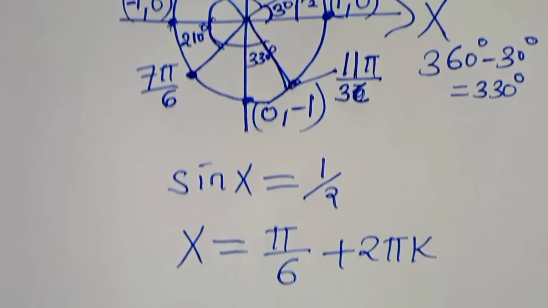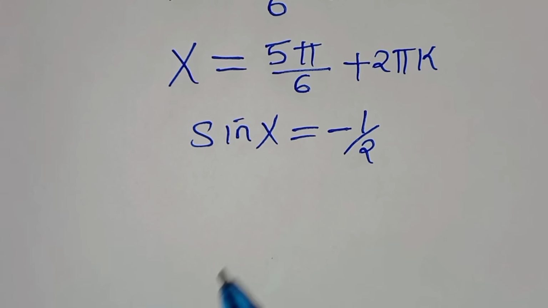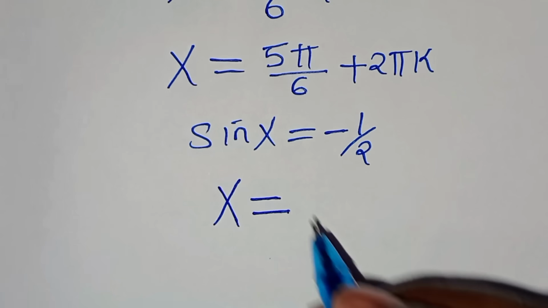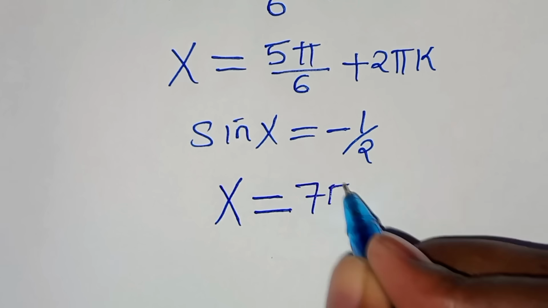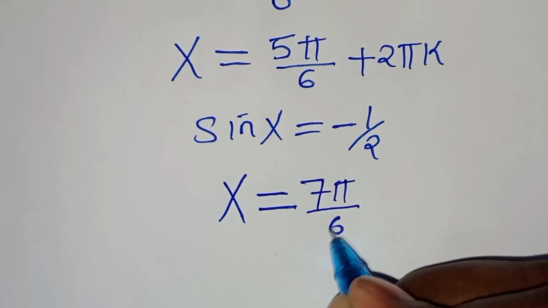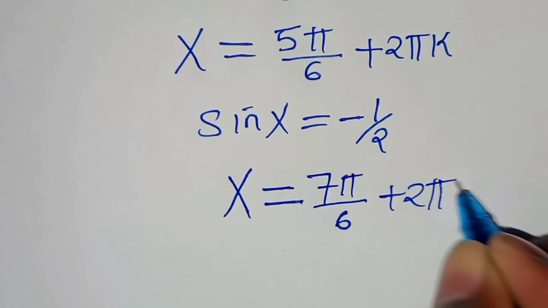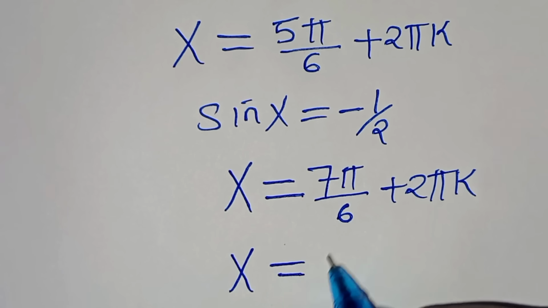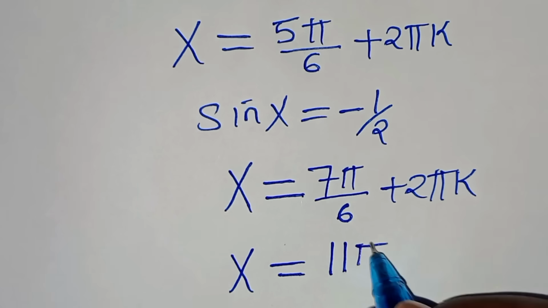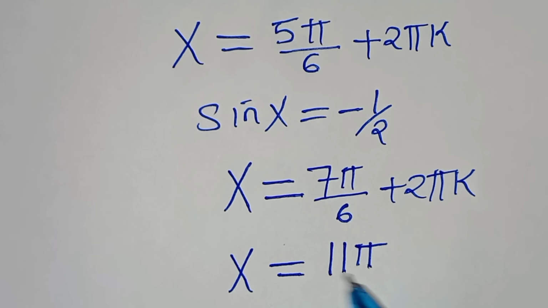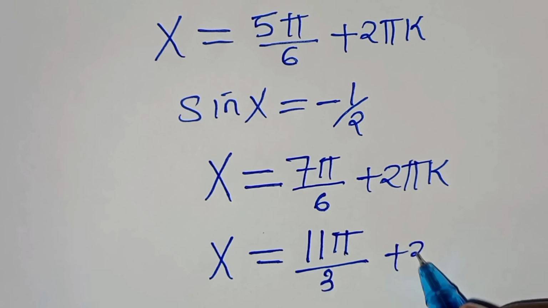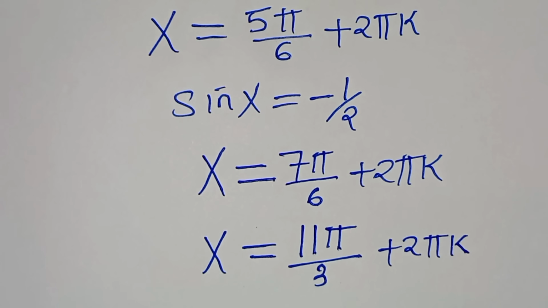Now let's evaluate the values of x here. The values of x, we have 7 pi over 6 plus 2 pi k, and the second value of x here is equal to 11 pi over 6 plus 2 pi k.